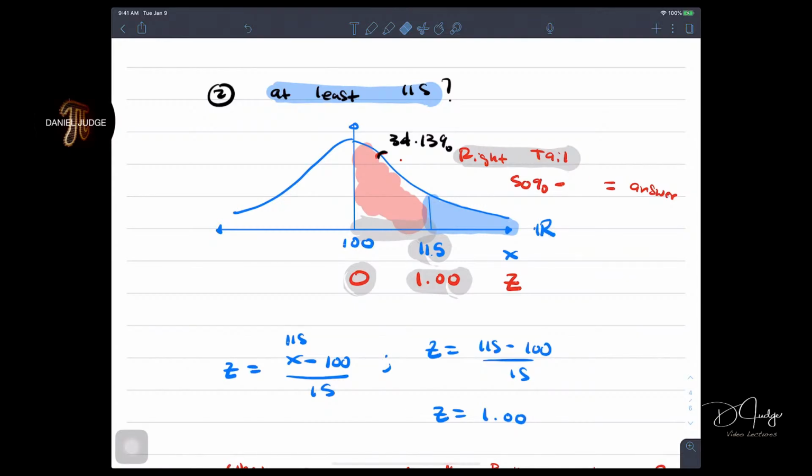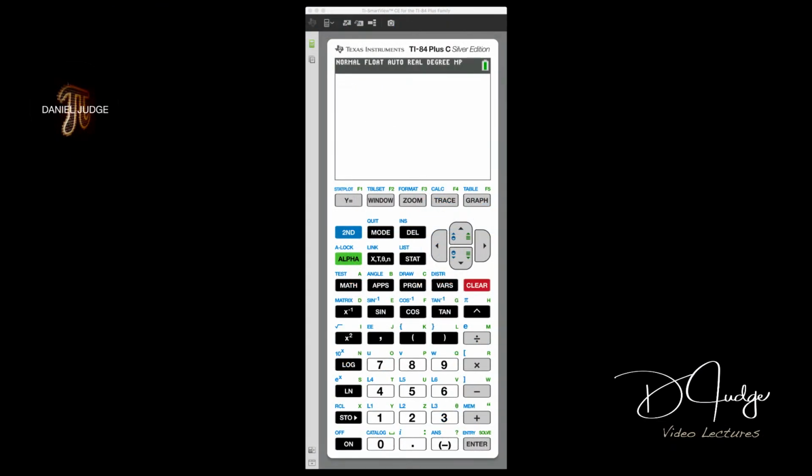Does that mean I take 50 and I subtract the 34.13%? I'll say yes. And so I'm going to remind you, what percent of the bow is shaded? Put your answer. Right, so go to the TI, and you can say 50 minus 34.13.